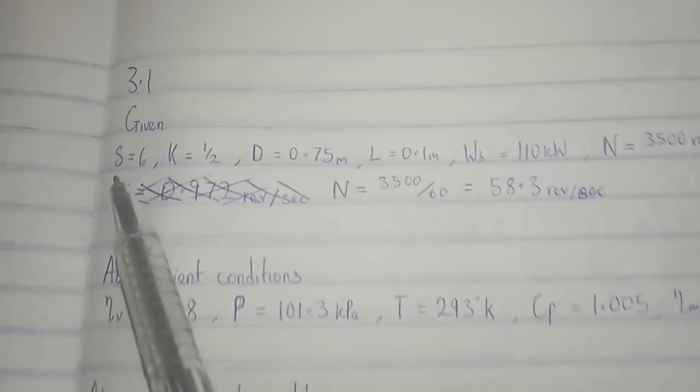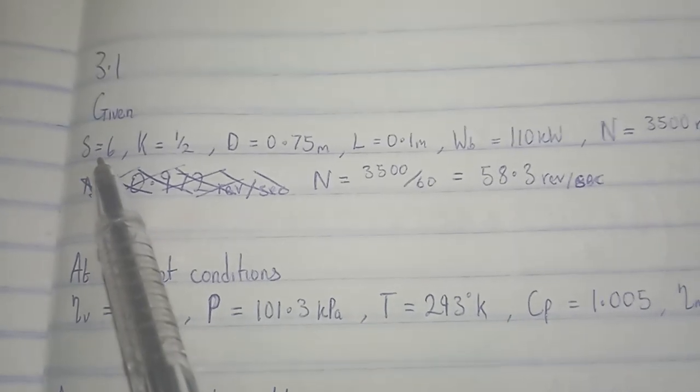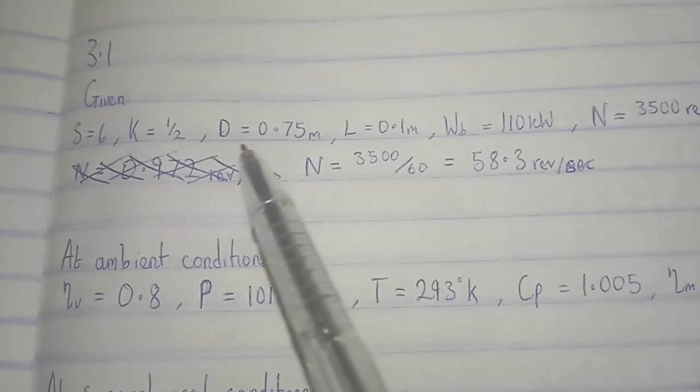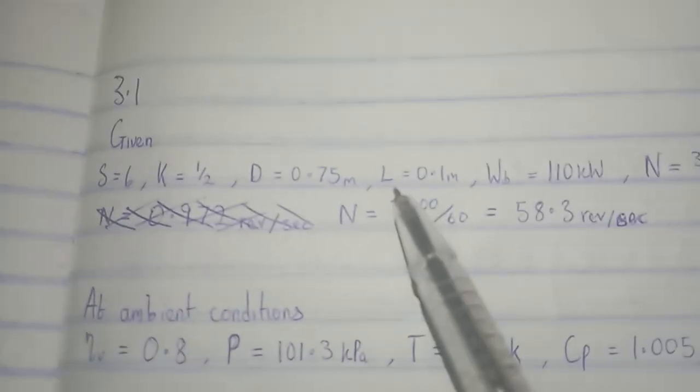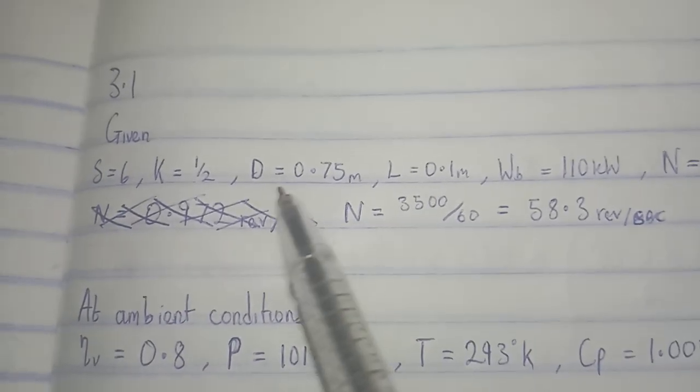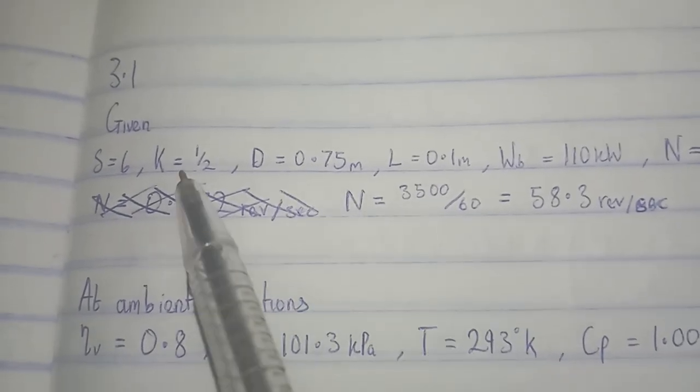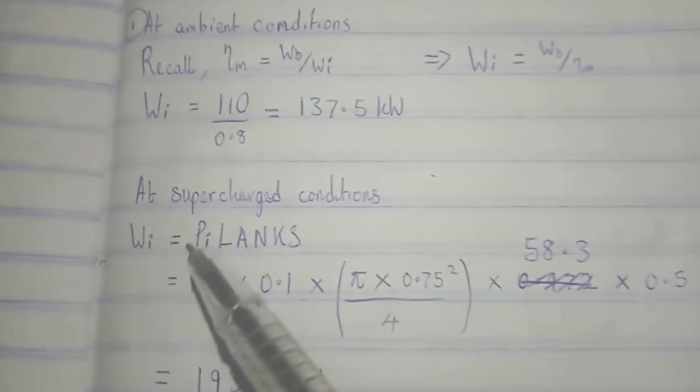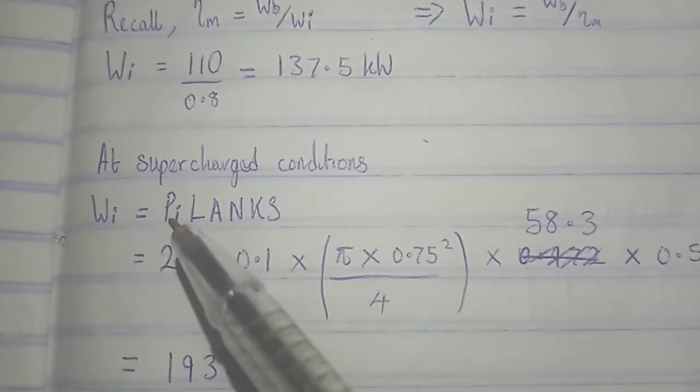Now, at supercharged conditions, we were given our indicated mean effective pressure, which is 25 kilopascals. We have the general parameters for the engine, that is L, we have the diameter to find A, we have our engine speed, we have our K. So we can say that at supercharged condition, indicated power is equal to P, L, A, N, K, times the number of cylinders.